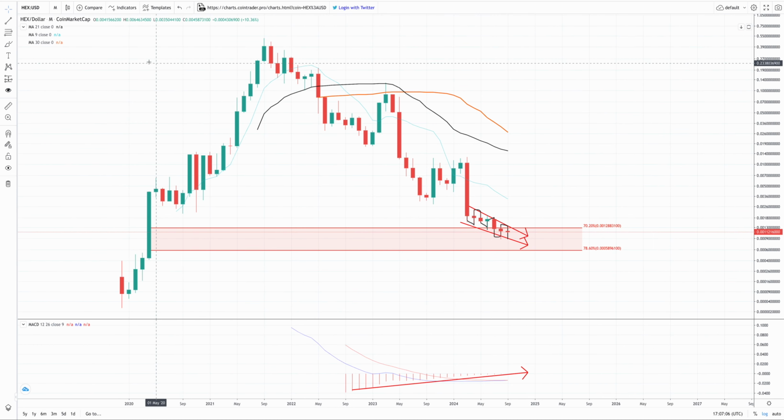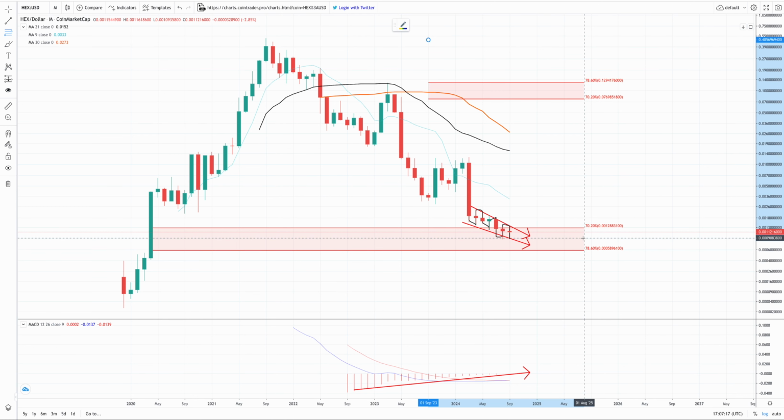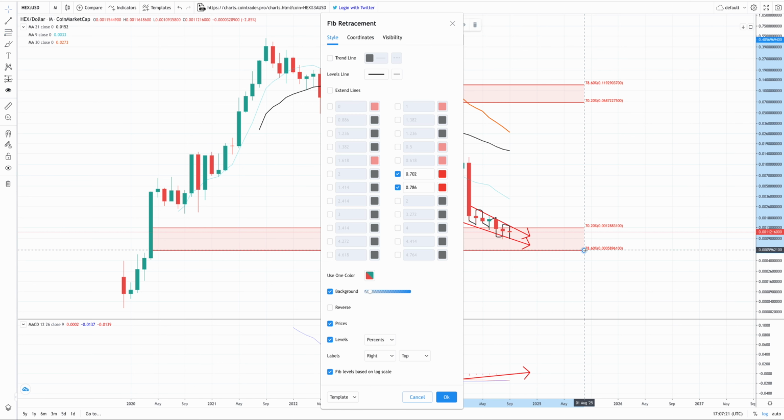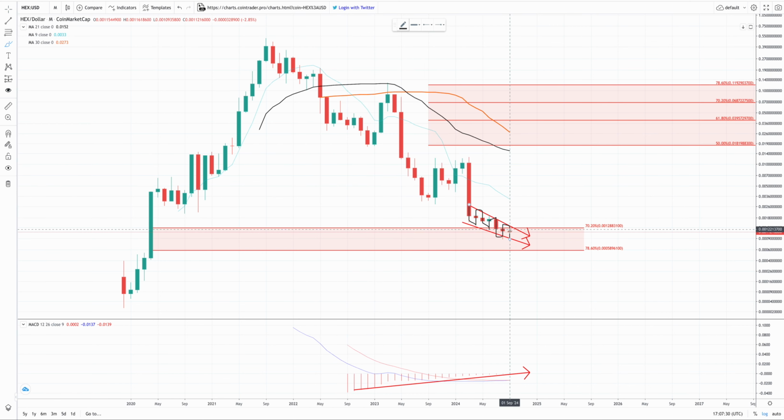Okay, now we do have the 30-month moving average right over here at around the 50% fib. So if we take a fib from this all-time high down to, let's just say it comes down to the 786 here, we would want to take a look at the 50%, 61.8, 702, and the 786. Okay, worst case scenario, we have a dead cat bounce towards the 50% and then turn down from there.